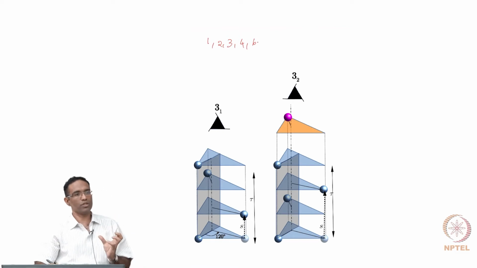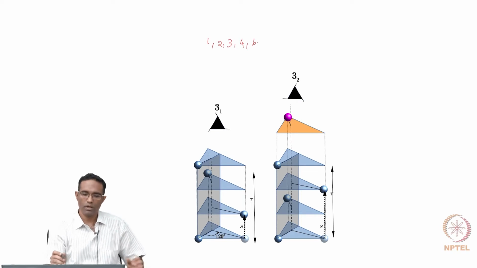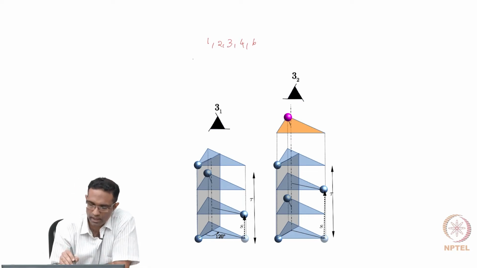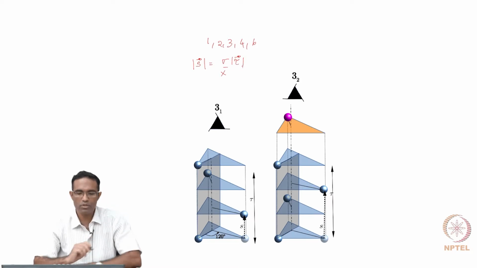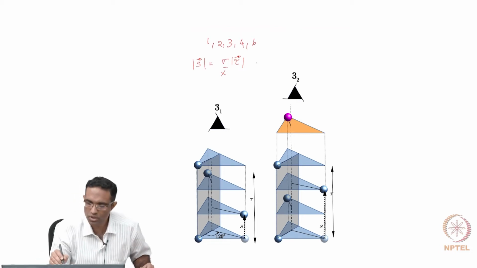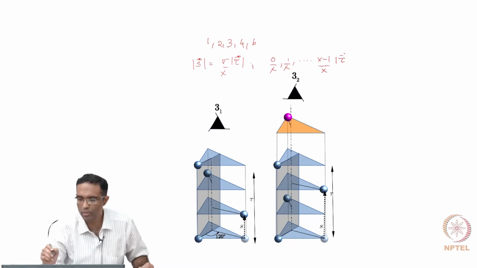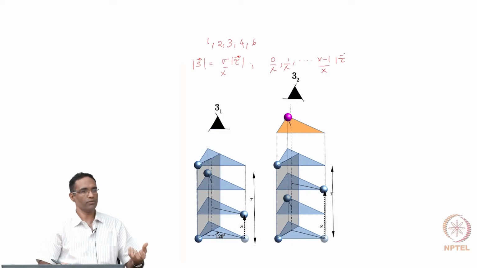After performing this rotation, you move by some amount in a direction along the axis of rotation. Okay, tau is basically the lattice vector, and you can have so many different types of translations possible following a rotation.